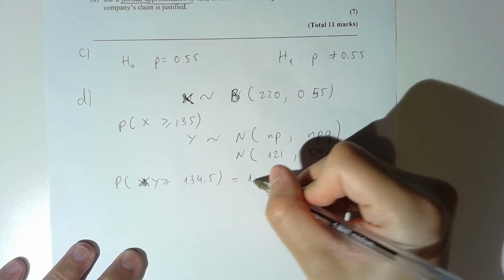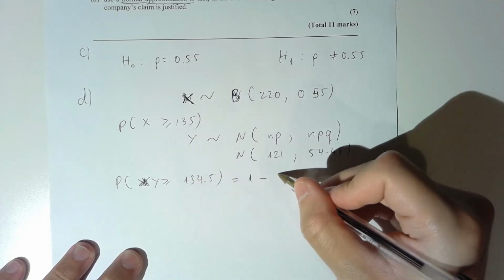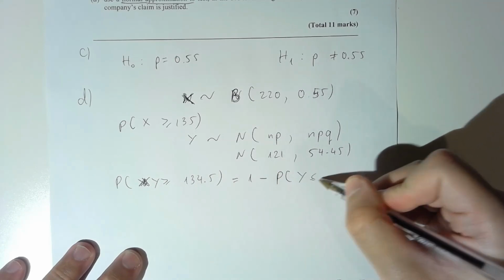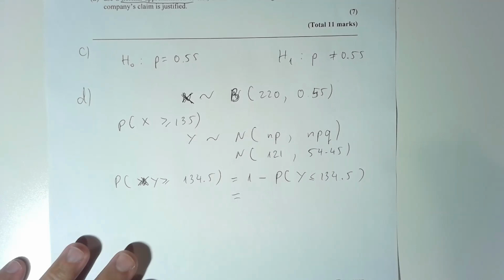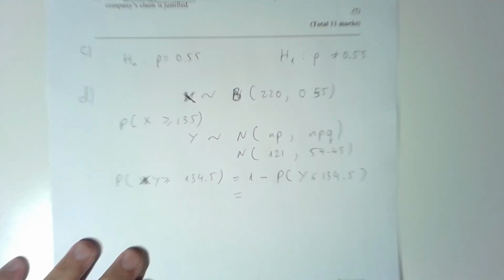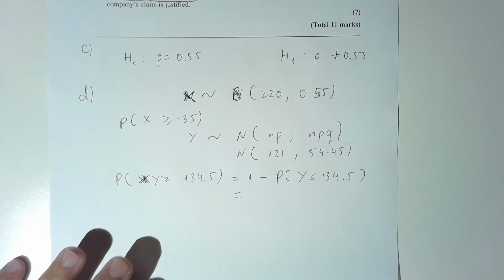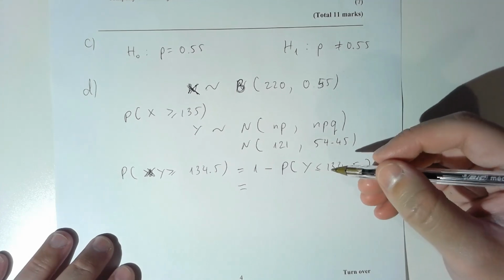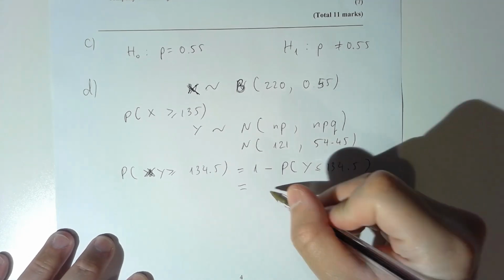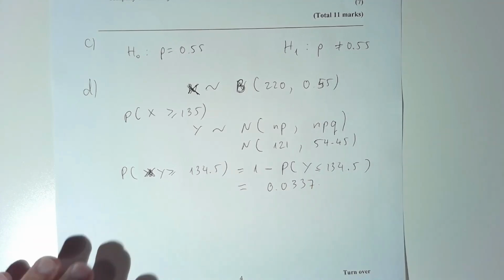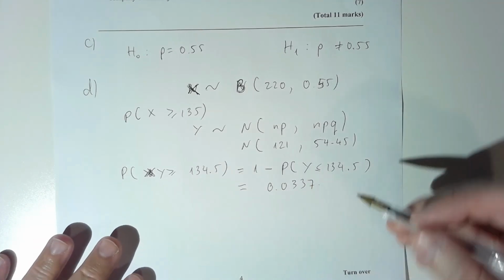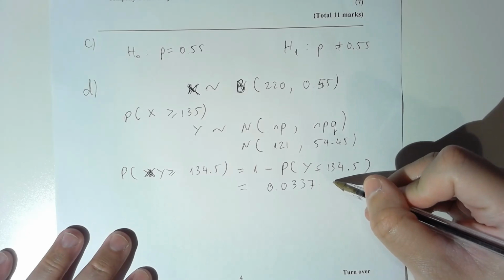You have to do equal to 1 subtract the left hand side area, which is less than equal to 134.5. Now, this will give you the answer. Now, the answer should be given is calculated out, and it should be equal to 0.0337.